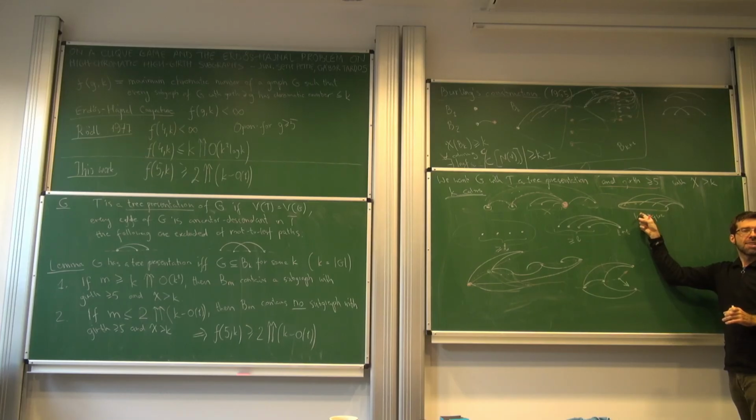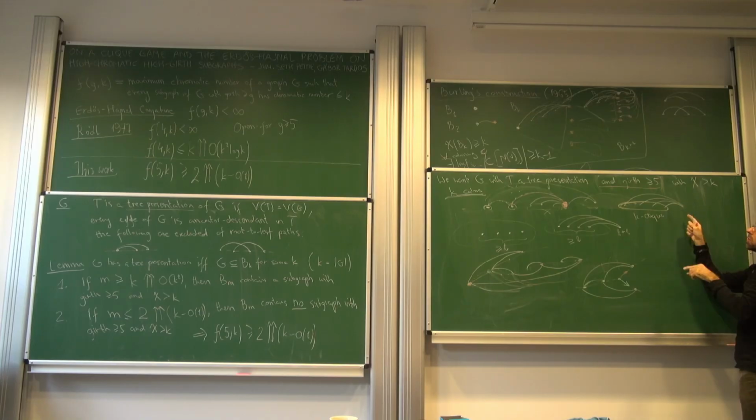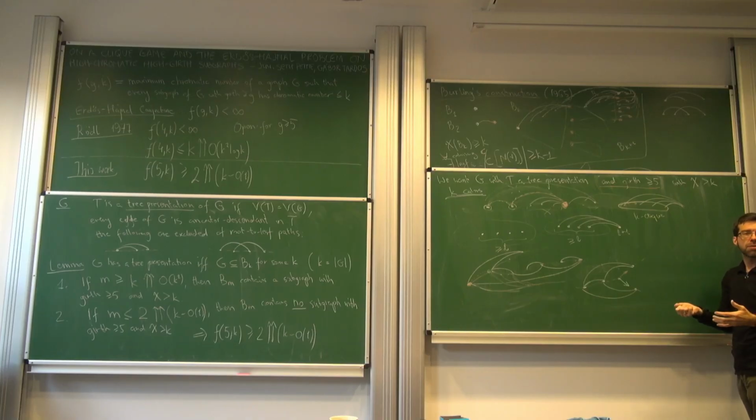So in order to force the k plus first color, so in order to win, we need to play a vertex which has k back neighbors of distinct colors. So in particular, it has to have k back neighbors. So there has to be a k-clique in the auxiliary graph. And this is not trivial by itself to construct such a k-clique.